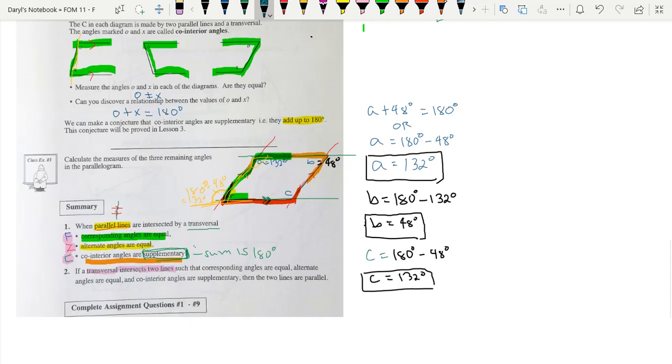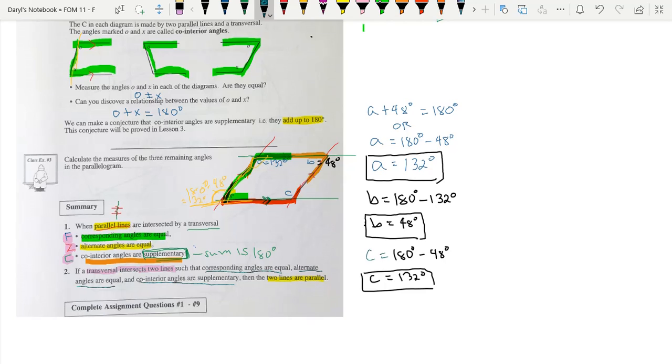However, if the corresponding angles are equal, the alternate angles are also equal, and the co-interior angles are supplementary, then you can say that the two lines intersected by a transversal line are parallel.